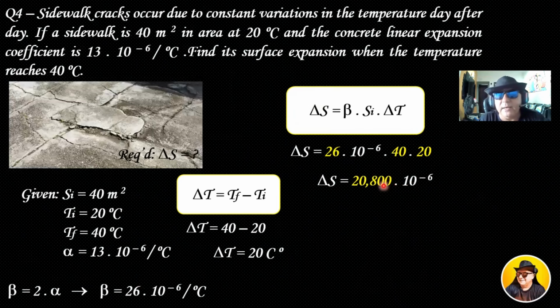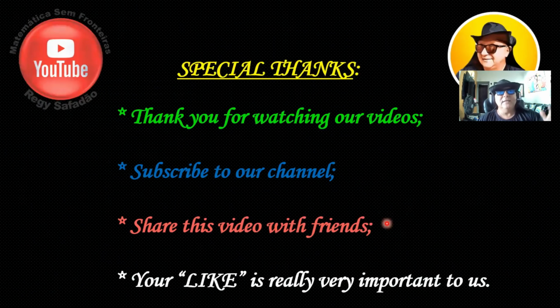Count with me: 1, 2, 3, 4, 5. I need to move one more space, 6. Complete the blanks with zeros, and now we have 0.021 square meters. This is the surface expansion, or delta S if you prefer.